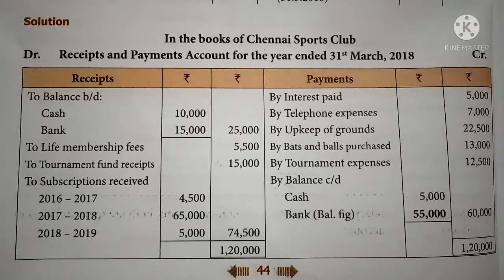So based upon the specimen, if you are thorough in the specimen, preparing a receipt and payment account is very easy. Just post all the transactions given in the sum as per the specimen. Receipts should be taken to the receipt side, payments should be taken to the payment side, and write all the amounts correctly.